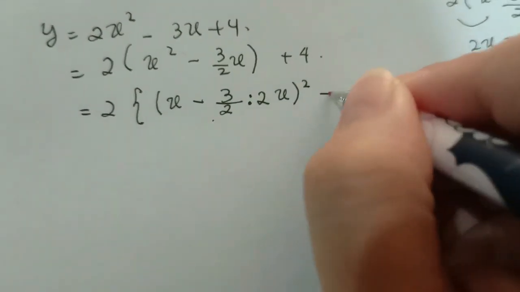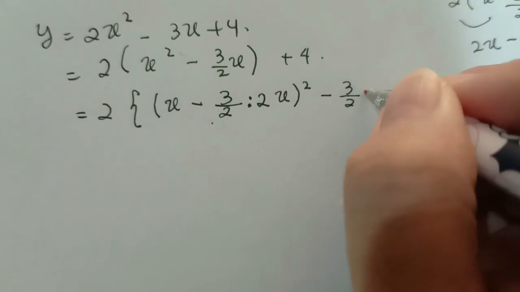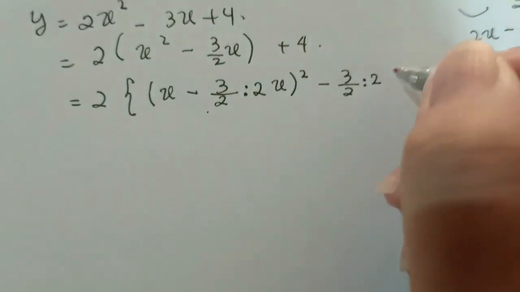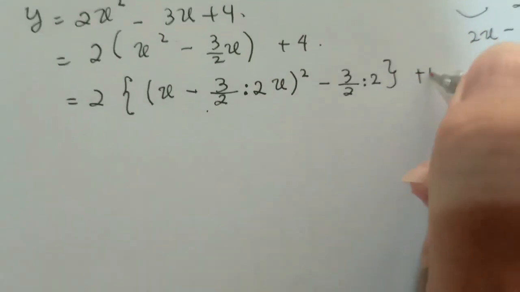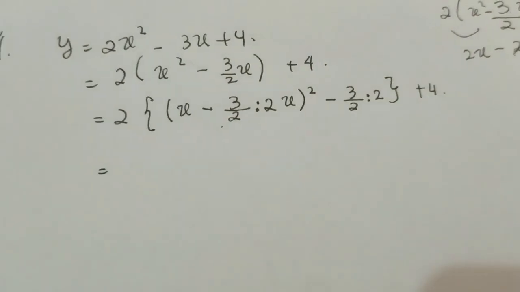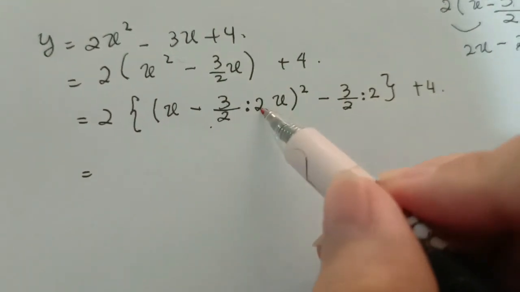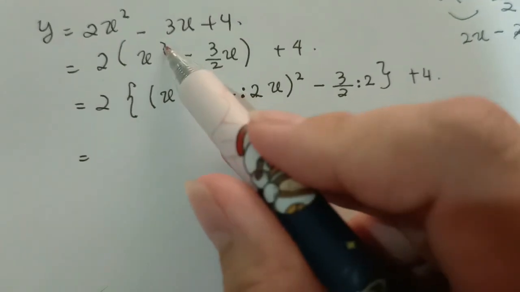Minus 3 per 2 divide 2, in the bracket, plus 4. Why did we divide with 2 again? Because as usual, we would like to remove the quadrat over here.